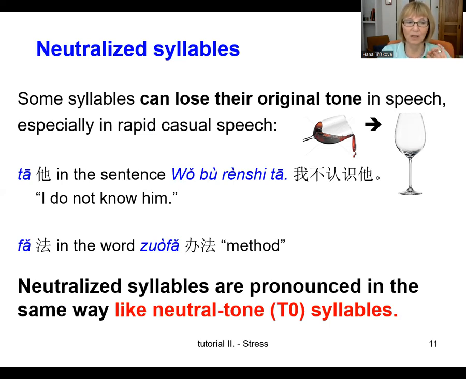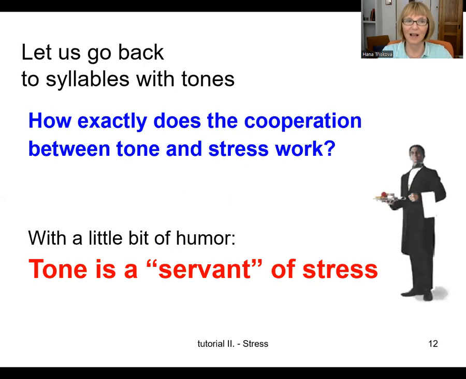For instance, the personal pronoun 他 in this sentence, 我不认识他, or 法 in the word 做法, the tones are gone. Neutralized syllables are pronounced exactly the same as neutral tone syllables.